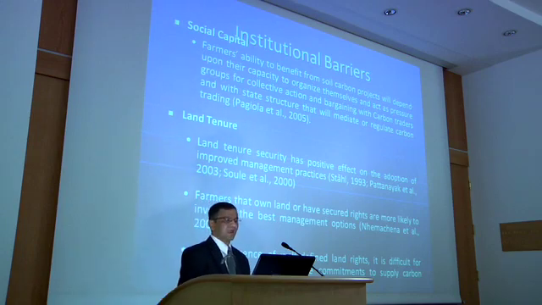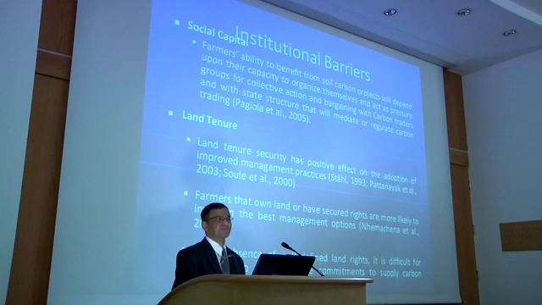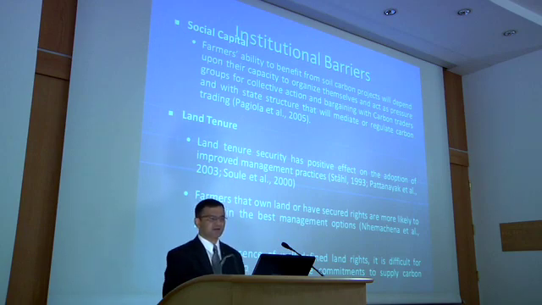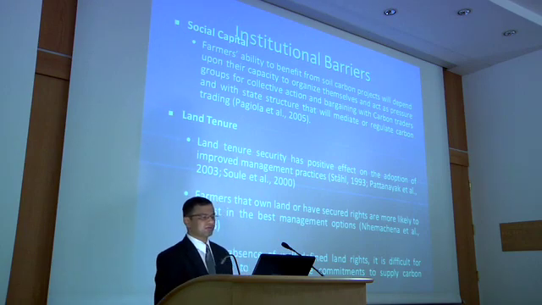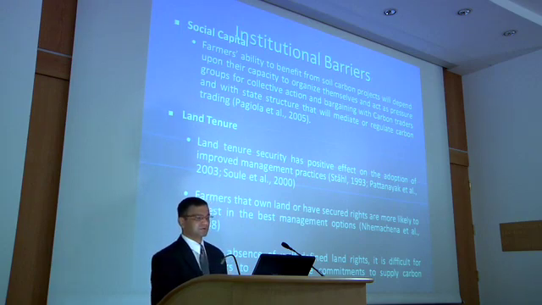Many studies in Africa have clearly shown that land tenure security has a positive effect on adoption of improved management practices. Stahl in 1993 conducted a couple of studies in different African countries and found that there is a direct link between land tenure security and adoption of best management practices.